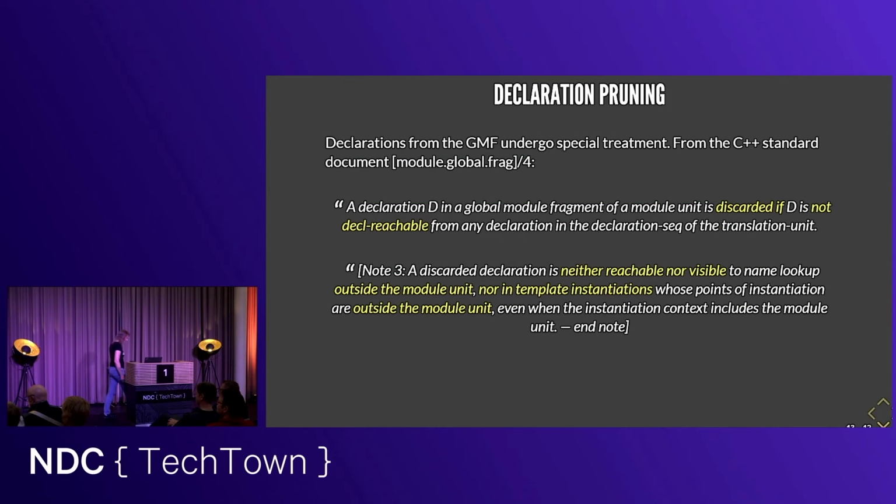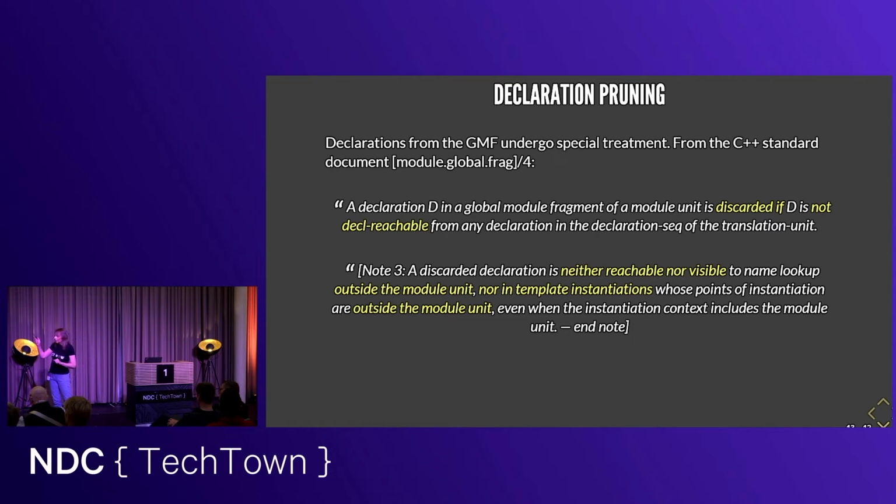The point is, these declarations come from the included headers in the global module fragment. And entities in the global module fragment get a special treatment. The headers in there are not part of the module itself.